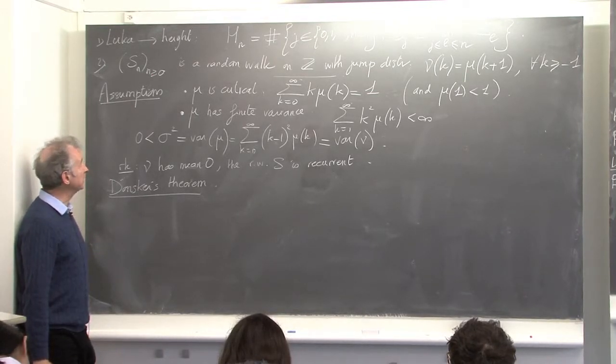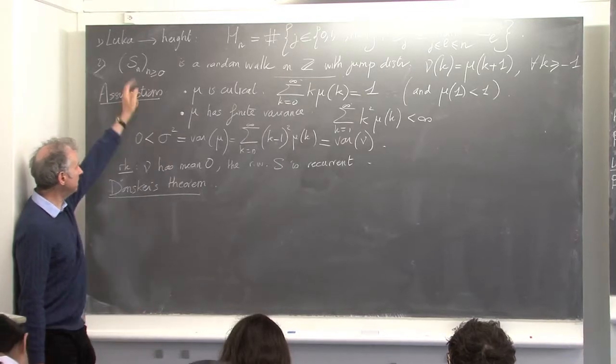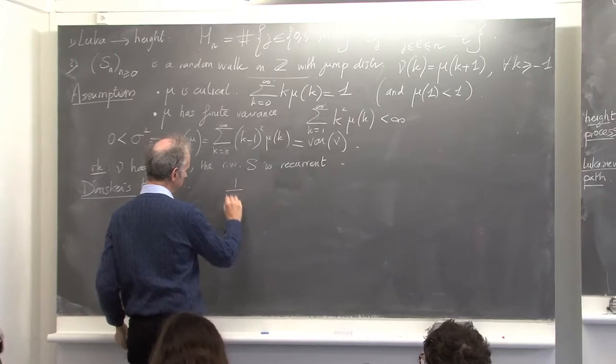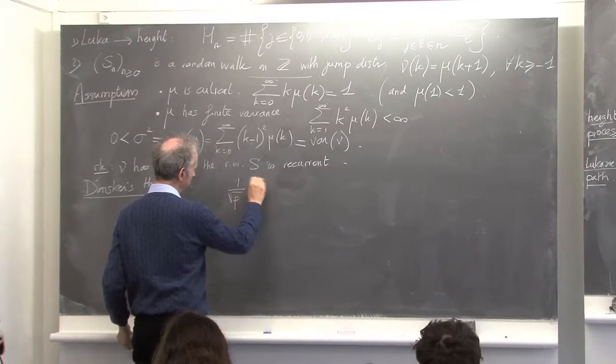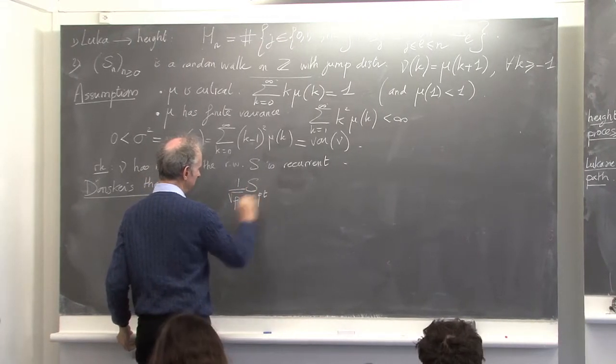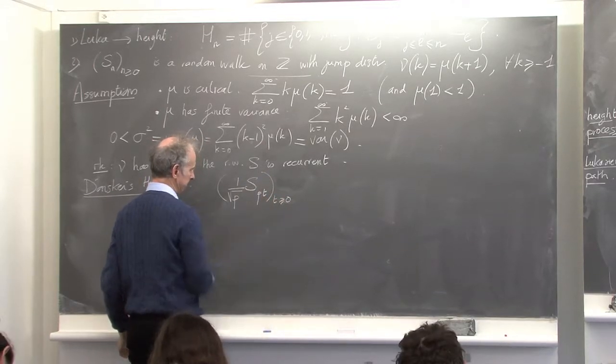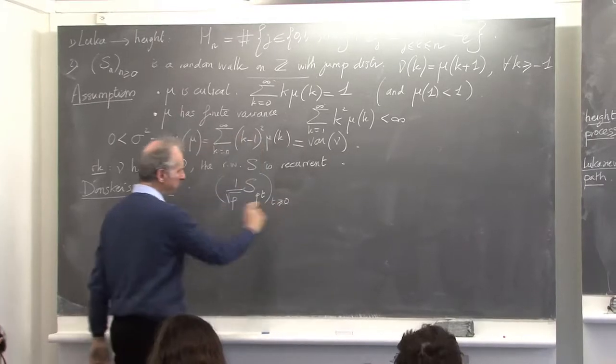And so this theorem says here, for the random walk capital S, that if I look at 1 over square root of p, S at time pt, as a function of the real parameter t.